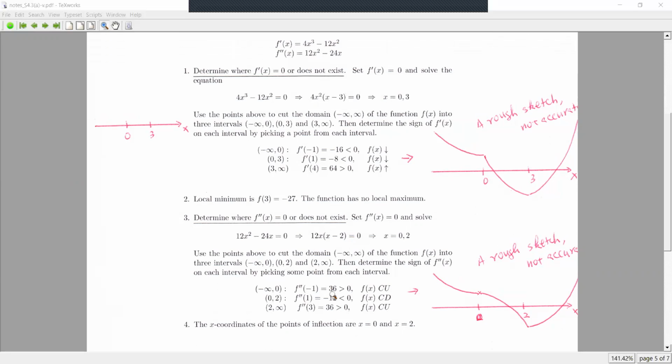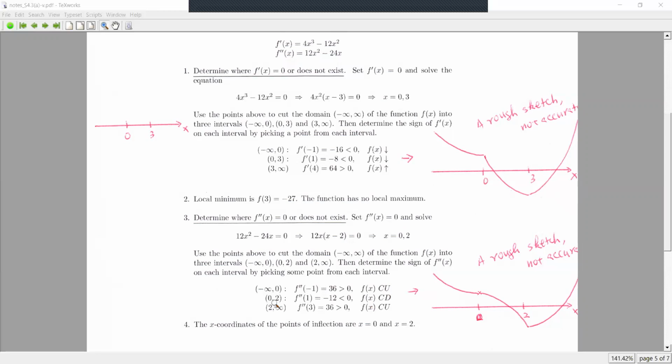It is 36, greater than 0. So over this interval, the second derivative is greater than 0. Therefore, the graph of the original function is concave up.